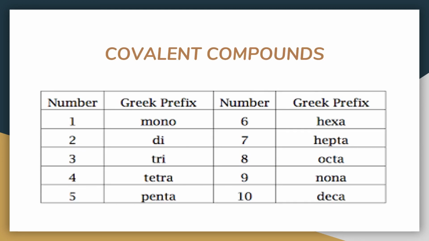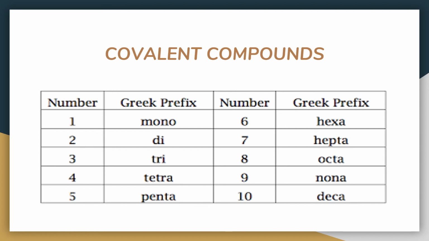Moving on to covalent or molecular compounds. Something that we have to know are the prefixes. Know 1 to 10, because you do not have to balance any of the charges. I repeat, for covalent compounds, do not balance charges.